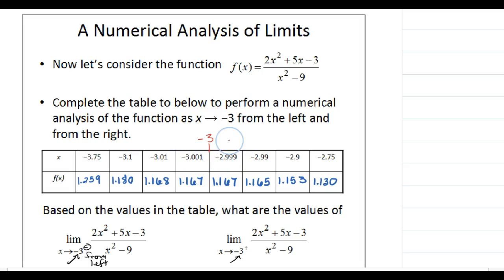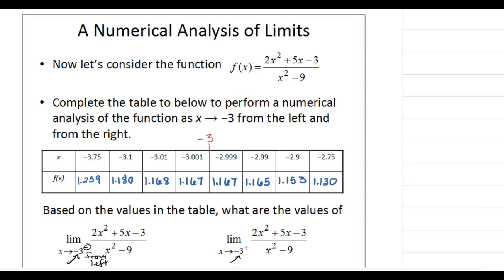And these numbers are chosen to get increasingly close to -3. -3.75, -3.1, -3.01, -3.001, -3.000001 would get closer and closer to -3, so that we can see that trend, what happens as I approach. Remember, limits, approaching, approaching, limits.